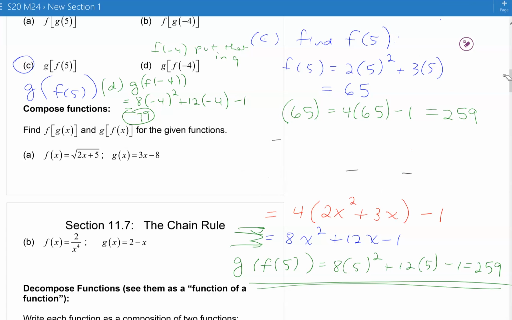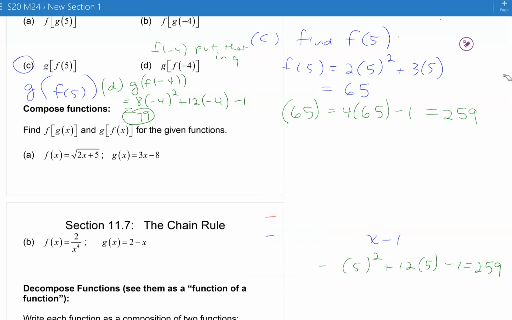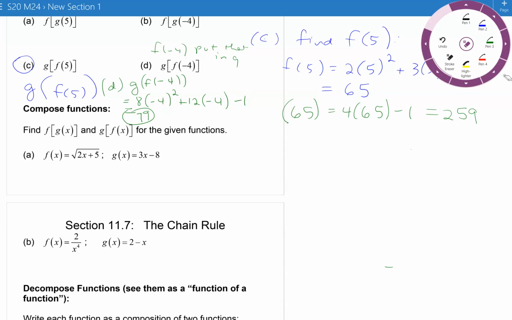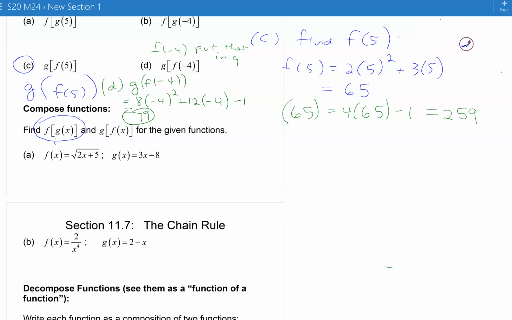Okay, so we were already practicing doing what the next exercise asks you to do, which is compose two functions. So I have several examples here. So first we're supposed to find f of g of x. So notice that the g is inside the f.